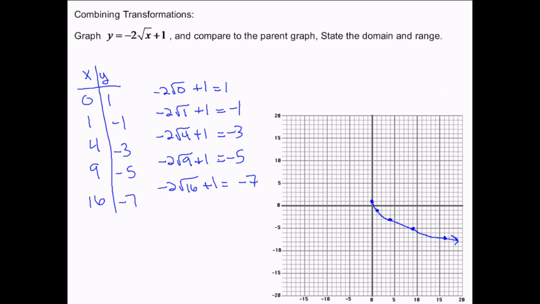So if we wanted to plot that without plotting the points, we'd have to take all of those into account. So if I go through and take those out, and I want to graph this, the plus 1 tells me to start here. The negative tells me to go down, and I need to go down and be twice as high, or twice as big. So I could do it that way.